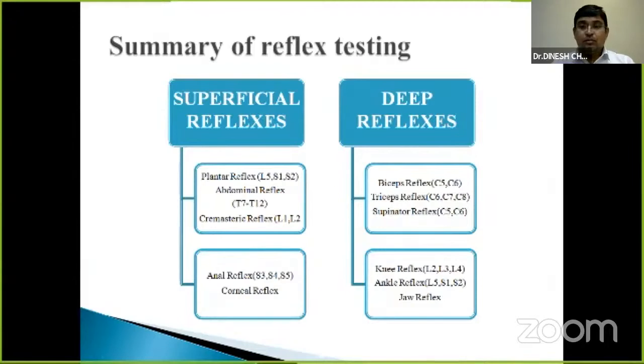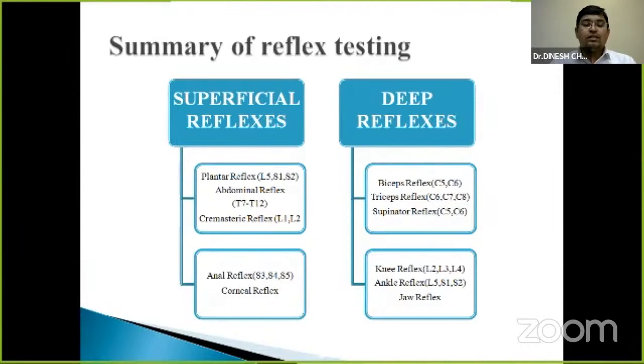We have not seen a video of the cremasteric reflex, and it is rarely done every day, but it is important in spinal cord injury to know whether the patient has come out of shock or not.